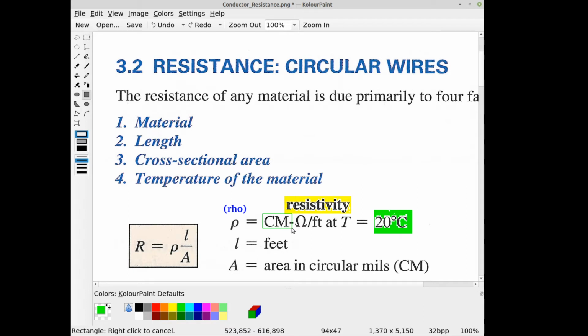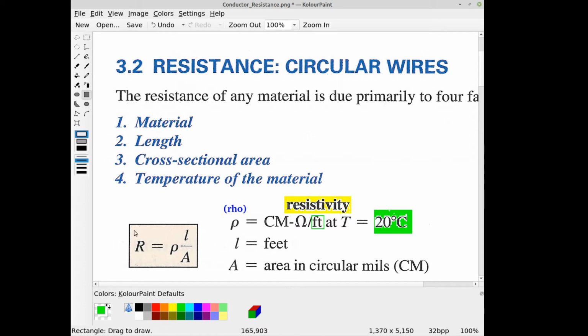It could just be a cross-sectional area if it was a rectangular shape. So it's the area times the unit of ohms, the capital Greek symbol omega, which we use to represent resistance, divided by feet. That's the length of the resistance.